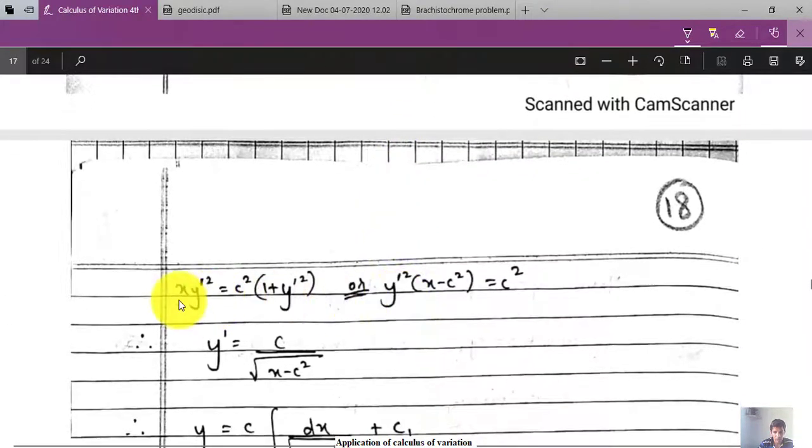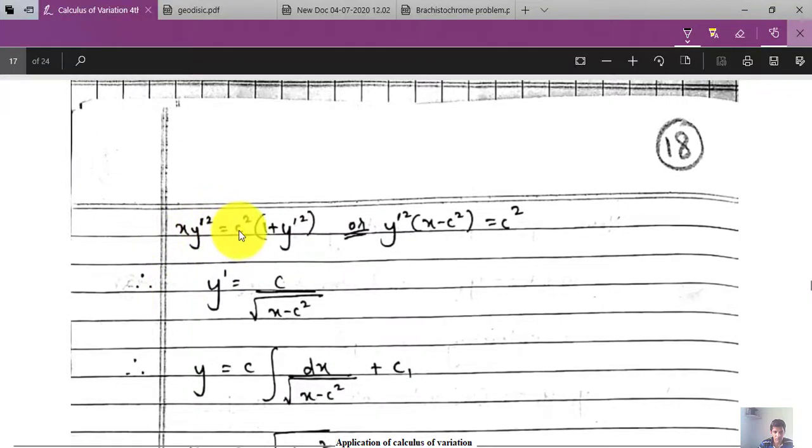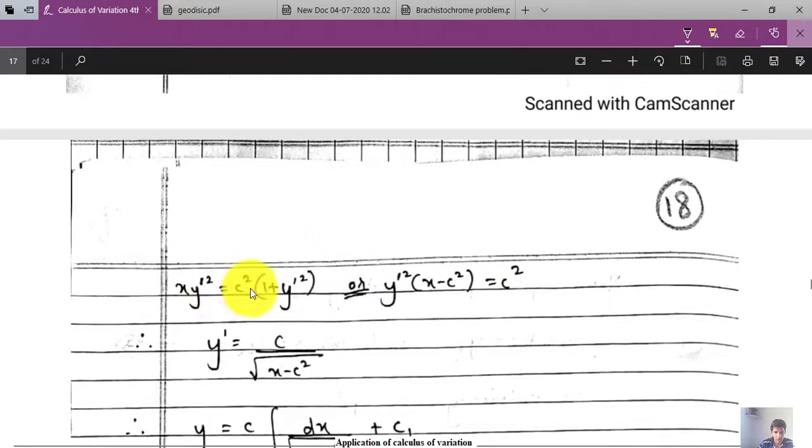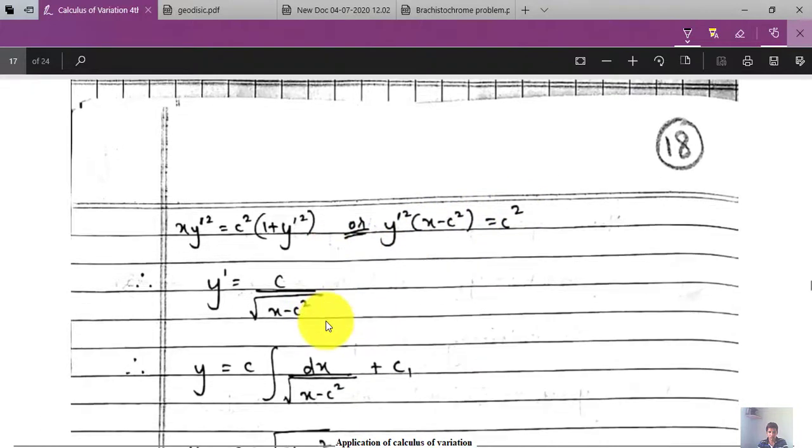Therefore x y prime square which is equal to, from here, c square into 1 plus y prime square, or y prime square into x minus c square, which is equal to c square. Therefore y prime is equal to c by square root of x minus c square.